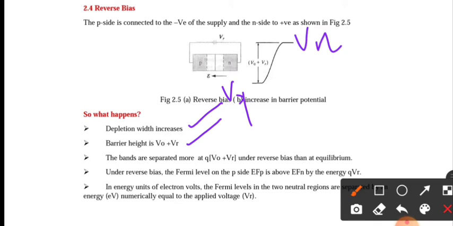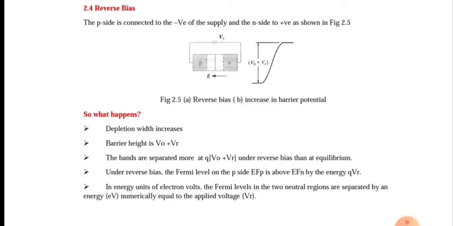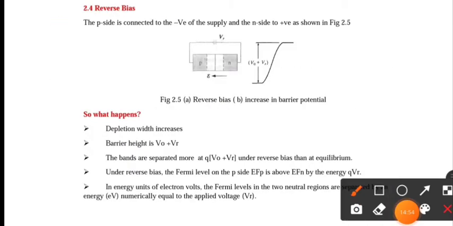So what will happen to the energy band? If I am drawing the energy band, this is the P side. This is EC P, the conduction band of the P side.